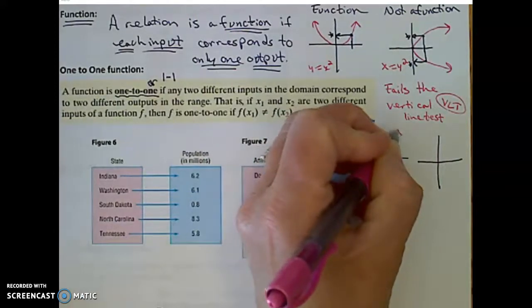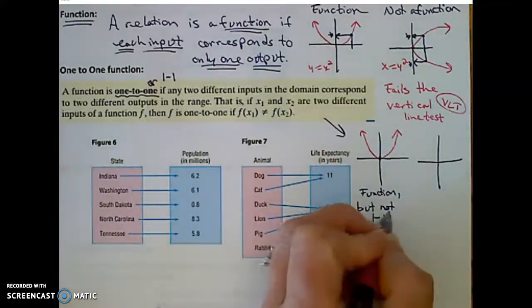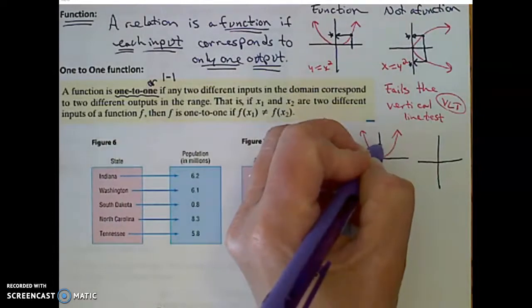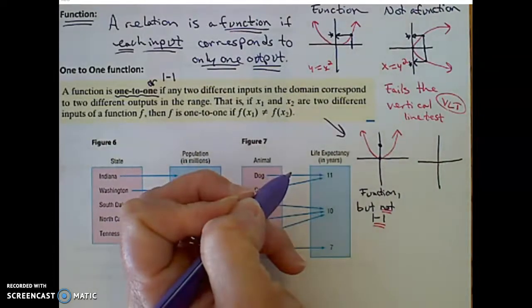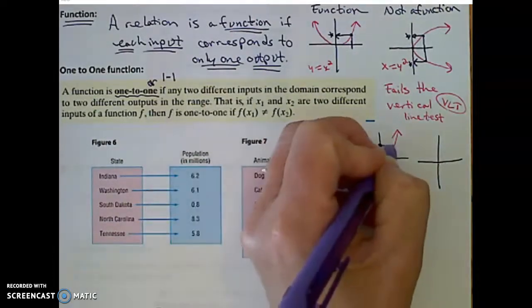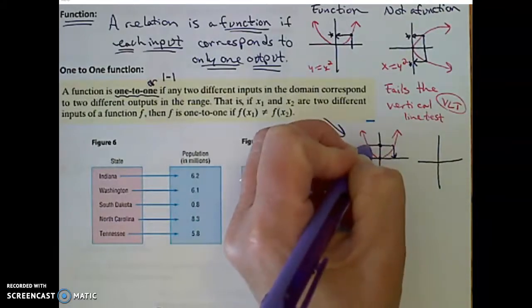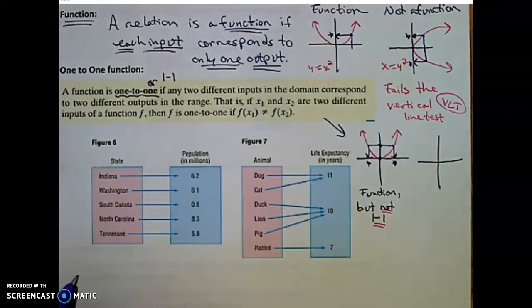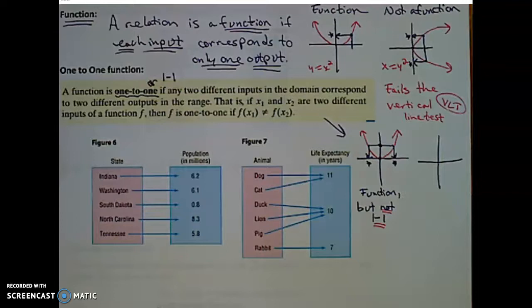Yes, this is a function. This thing is not one-to-one because I can find an output going the other way that is mapped to more than one input. I can find an output that corresponds to two different inputs, so that function is not one-to-one.